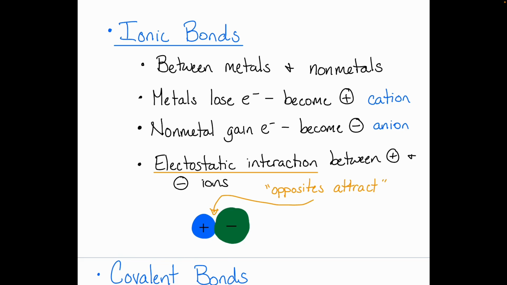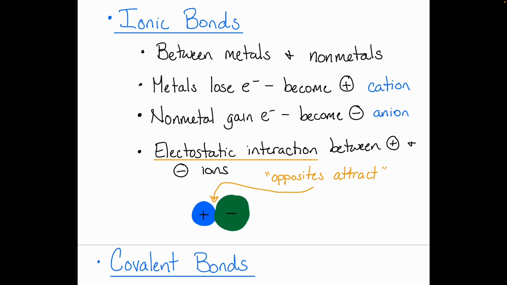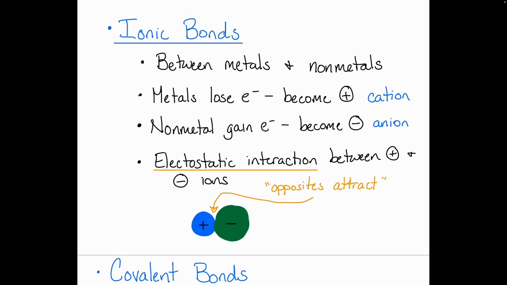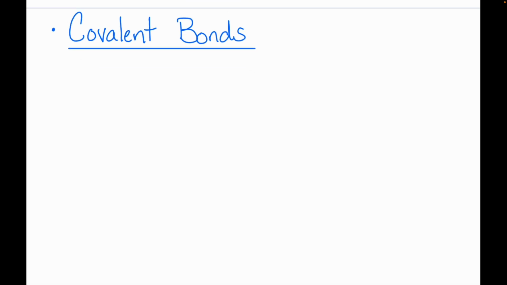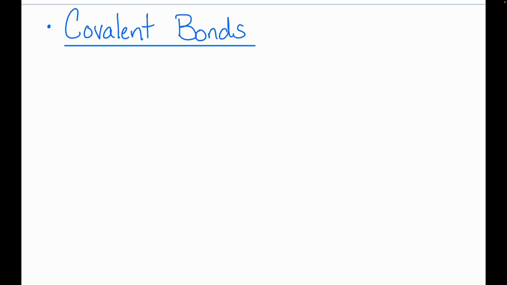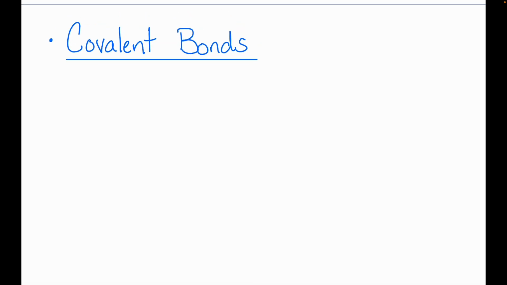Okay? Cool, so whereas ionic bonds will take place between metals and nonmetals, covalent bonds will form between nonmetals. These occur between only nonmetals.